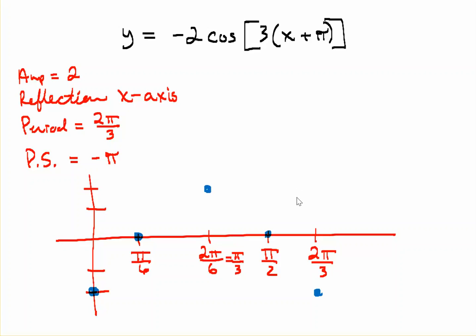Okay, we got ourselves a little problem because I didn't even know where pi is. I got 2 pi over 3. So I'm going to have to keep on going until I get to 5 pi over 6. And then I'm going to eventually get to 6 pi over 6. There it is. There's my pi. We good? Still got to go find it.